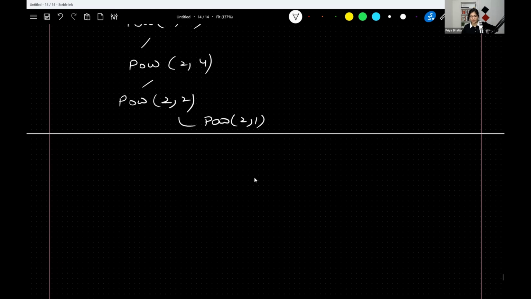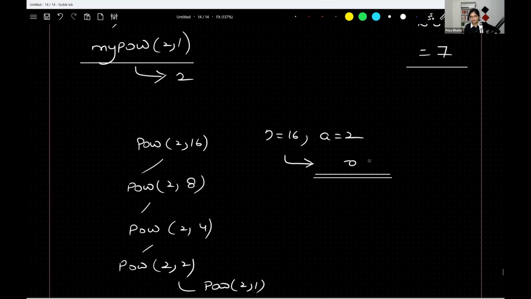That's where you will stop. So it will be approximately 4 to 5, not 3 to 4, 4 to 5. So again, it will be log of n base 2 plus 1. So always remember the stack space requirement is big O of log of n. Logarithmic space complexity is required with this computation. Is this clear now? Can I get some confirmation? Yes. It will always be plus 1.